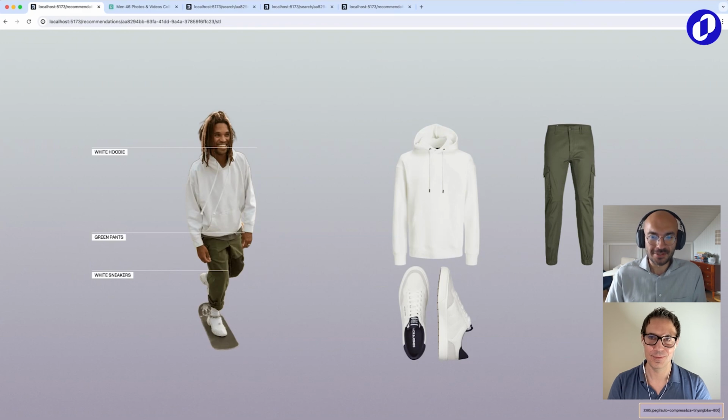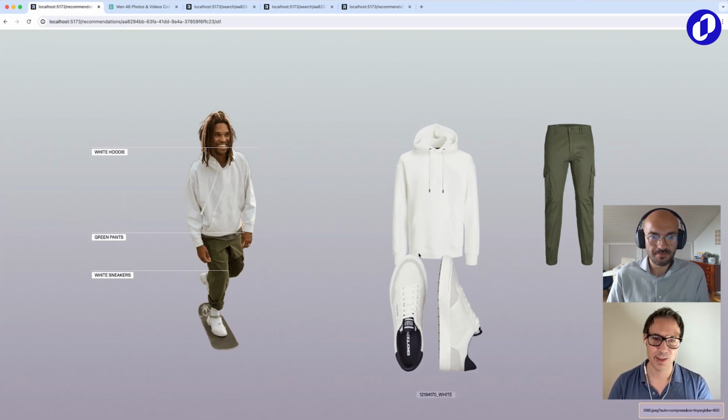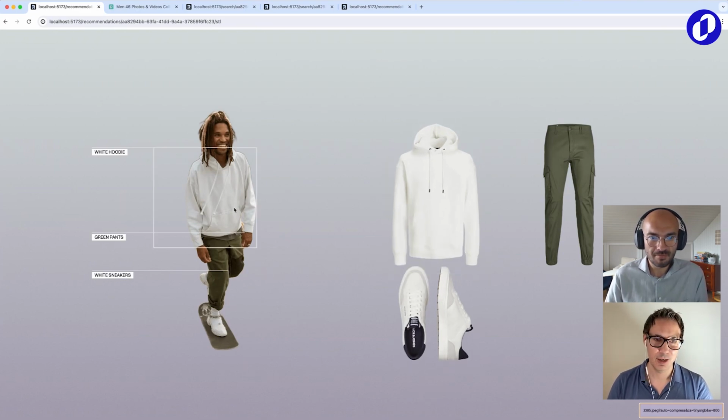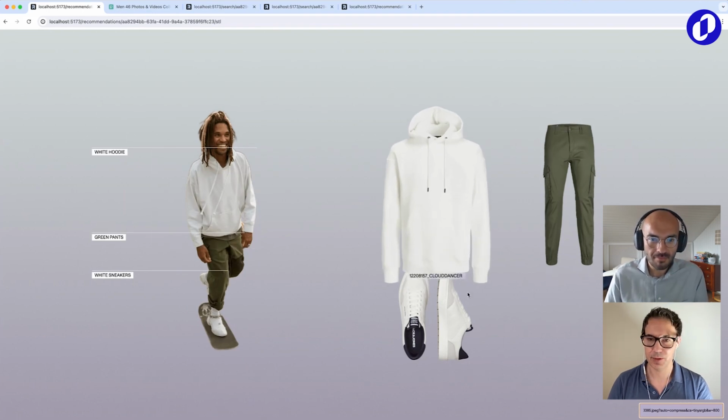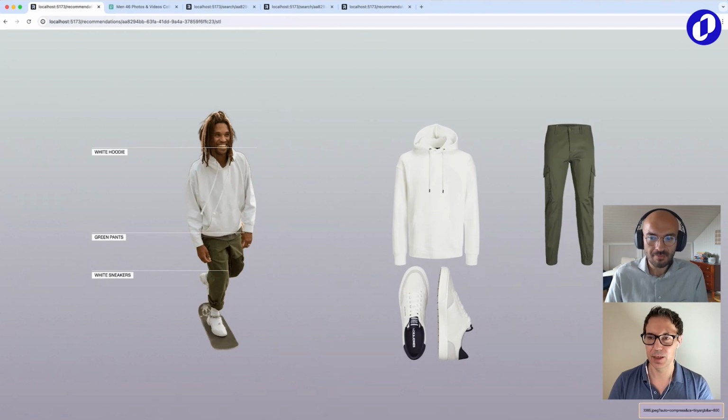So I guess there are a lot of productivity gains that could be unlocked with this. Exactly, I think so too. And the last result is actually pretty close as well: white hoodie, cargo pants, some sneakers, and this is what we get here too.